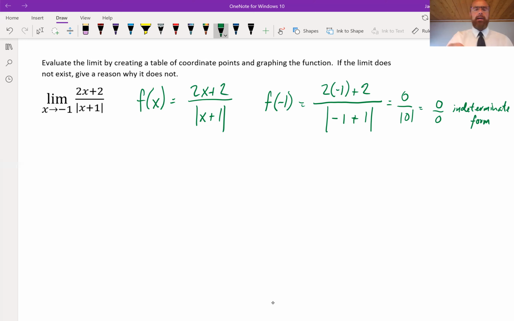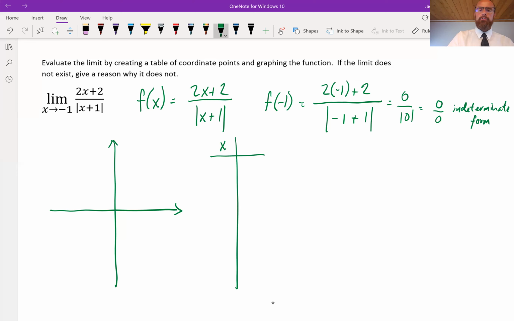So let's look at our graph. I'm going to create the coordinate plane and the table so we can see what's going on graphically with this function. And let's center around -1. I know that's where we got this undefined value based on our direct substitution, but let's catch some of these other points by, again, heading to our Desmos graphing calculator.